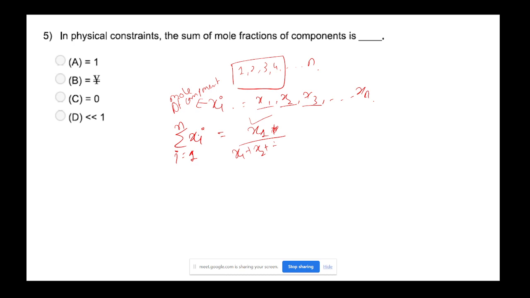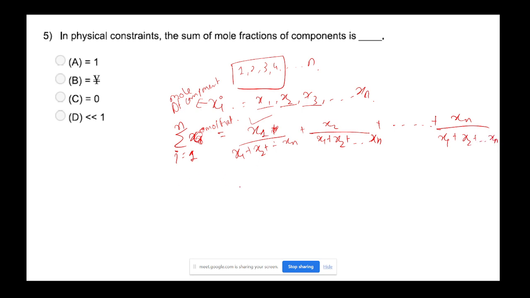And if I want to take the summation of mole fraction, so x1 by total number of moles plus x2 by x1 plus x2 plus up to xn, mole fraction of each and every term.